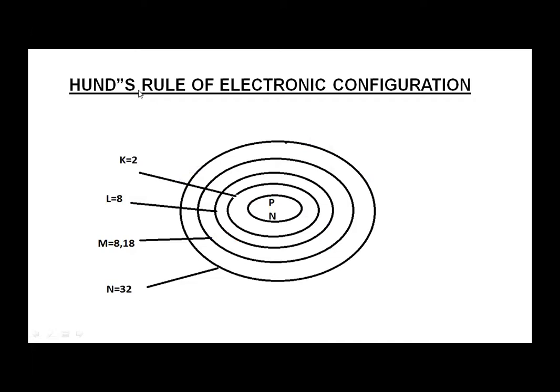Now, Hund is a scientist who discovered the rules of electronic configuration. According to Hund, in K shell, only 2 electrons are present.